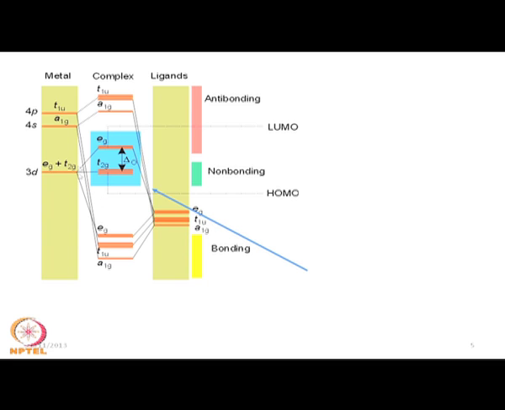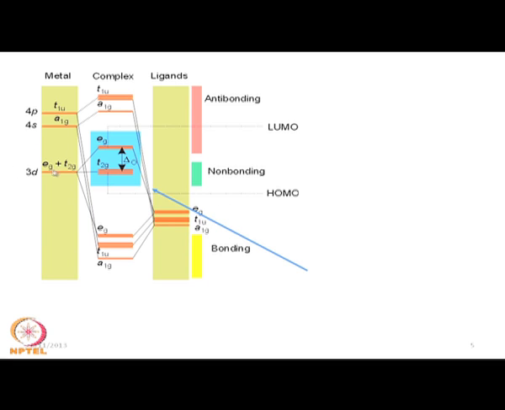This drawing is similar in terms of the molecular orbital formation, where the atomic orbitals available from the metal side are the 3d, the 4s and 4p orbitals. Some lower level s and p orbitals are also there, but they are all filled and will not show any interaction with these orbitals.